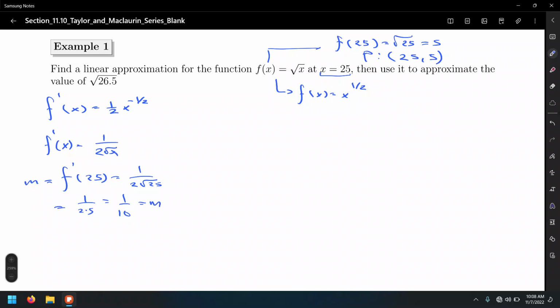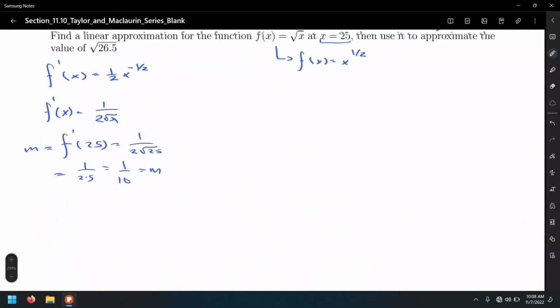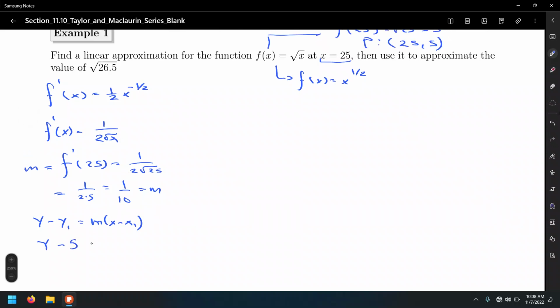Now we can find the equation of the tangent line using the point-slope form: y minus y1 equals m times x minus x1, where y1 is 5 and the slope is 1/10, so y minus 5 equals 1/10 times x minus 25.